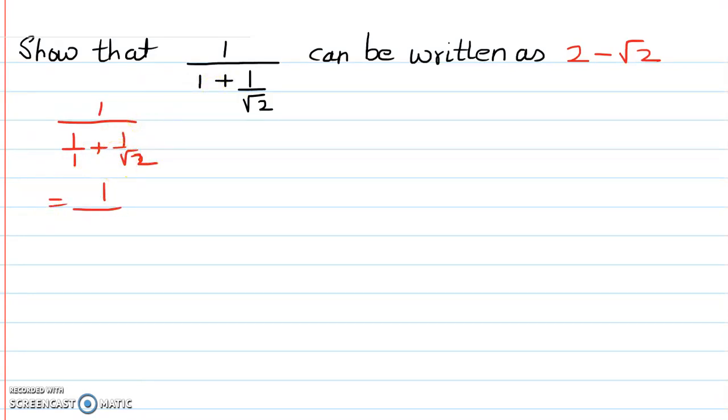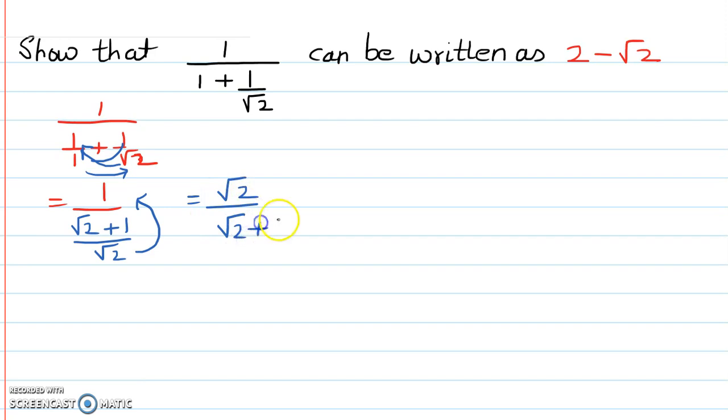Now we can cross multiply here. So we multiply this into this. Root 2 times 1 is root 2. Then 1 times 1 is 1. And this bottom number, that is root 2. So what happens? Once it is coming up, then it will be flipped. So this you can write down as root 2 over root 2 plus 1.